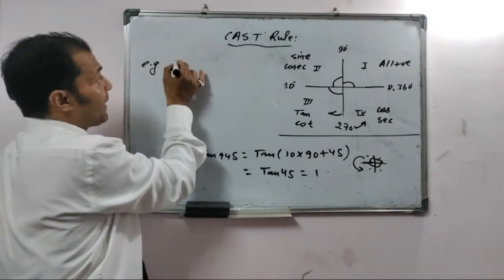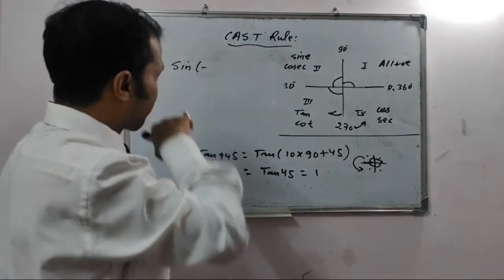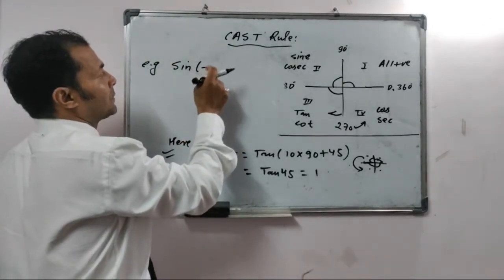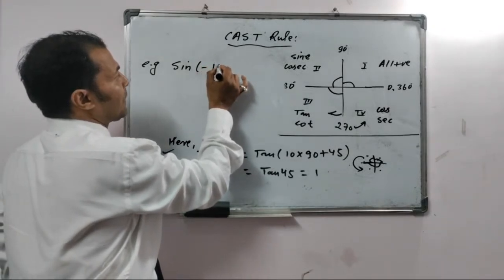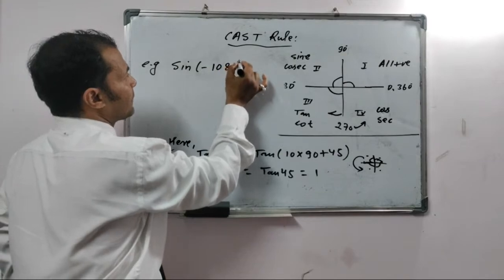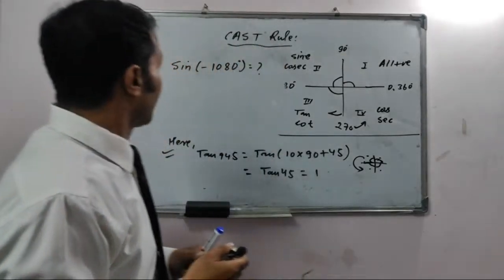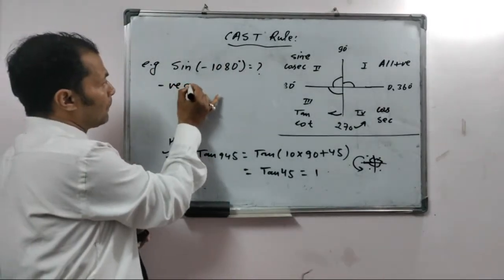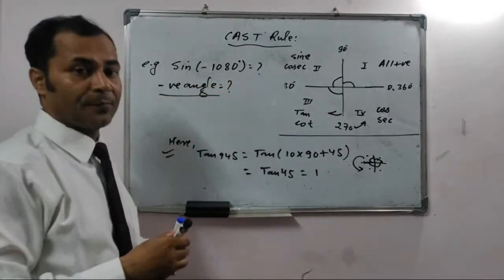Tell me what will be the value of sine of minus 1080 degrees. Alright guys, tell me what is the value of sine minus 1080 degrees. Can anyone tell me what is a negative angle?